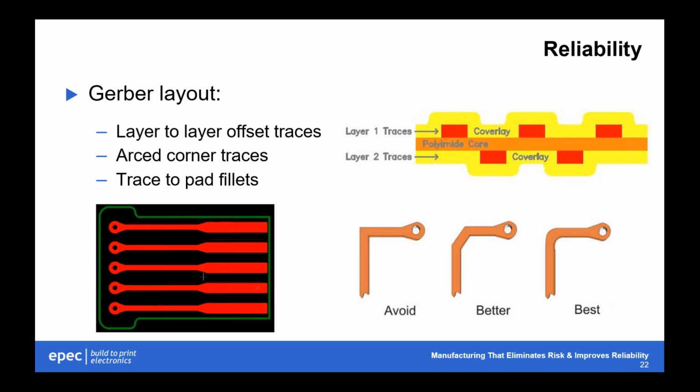Arcing the corner eliminates the creation of a mechanical stress concentrator, which could cause the circuitry to crack if it's bent to any significant degree in that area. And the last element is utilizing fillets at trace to pad intersects, again, from the perspective of eliminating mechanical stress concentrators and preventing any cracks from forming when the circuitry is bent.